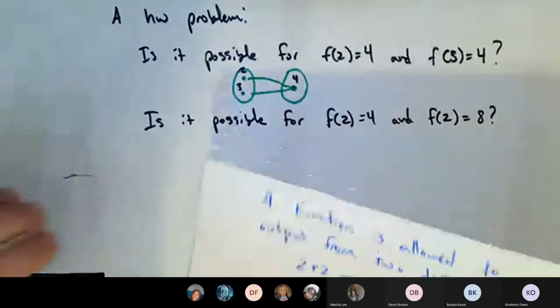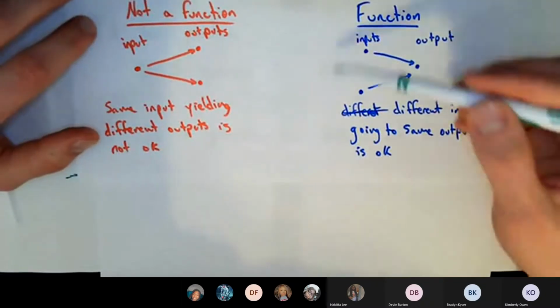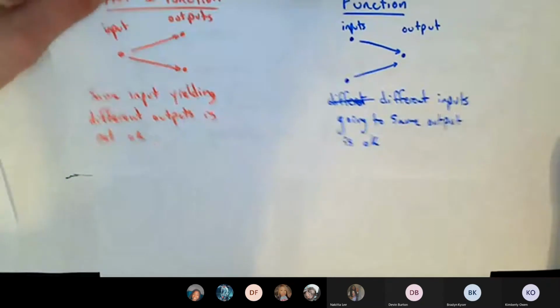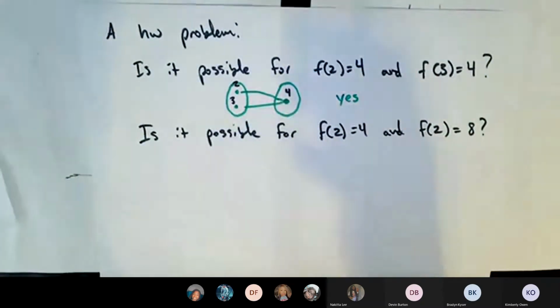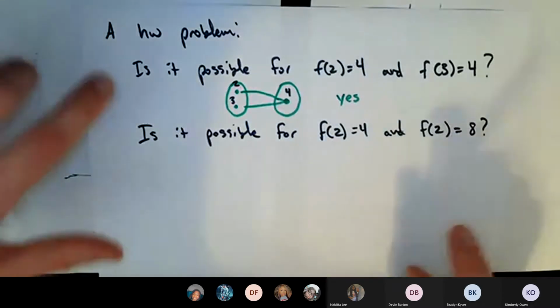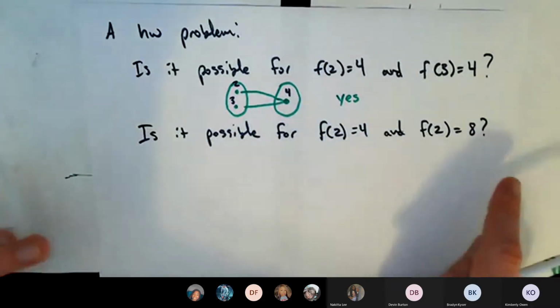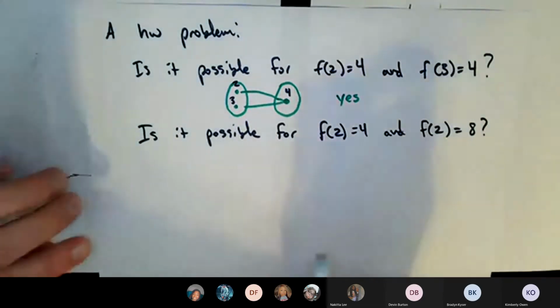Remember the function, it's in blue over here. It's okay for 2 different inputs to go to the same output. So yes, it's possible. The full question about these functions is whether it is possible for f to be a function. I'm shorthanding the question; you'll see it in the WebAssign homework later.